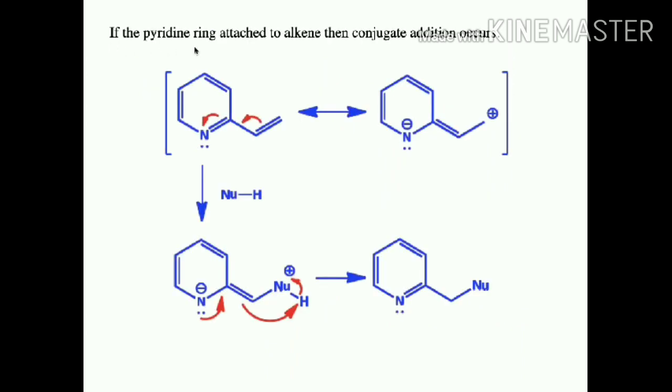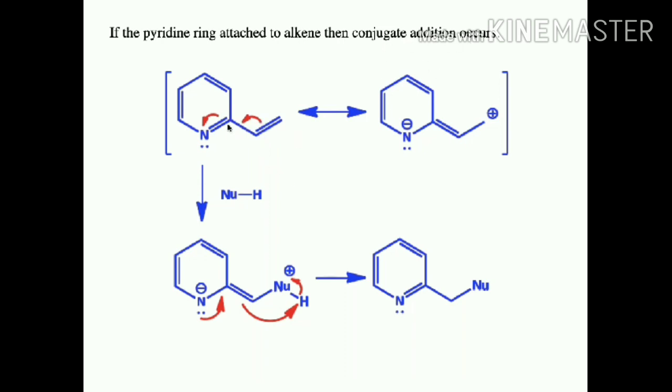If the pyridine ring is attached to an alkene, then conjugate addition occurs. Suppose instead of an alkyl group, there is an alkene or a double bond. Then instead of undergoing deprotonation followed by reaction with electrophile, it is going to show conjugate addition reaction.